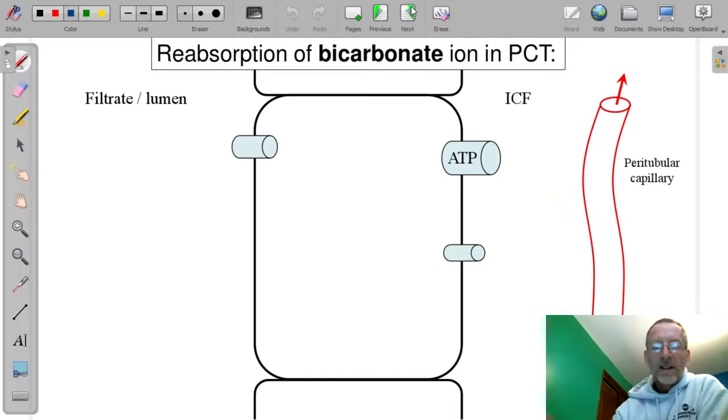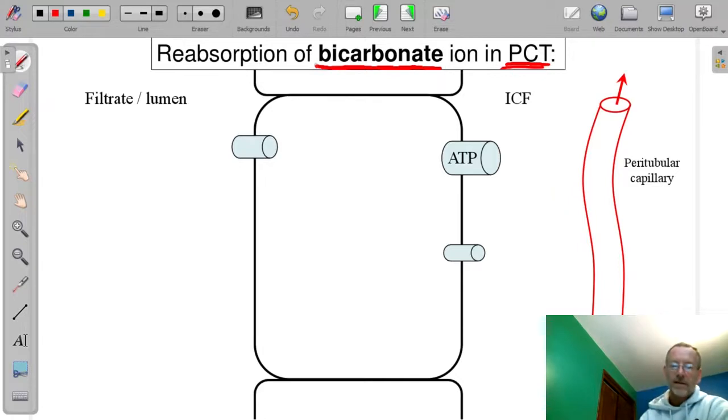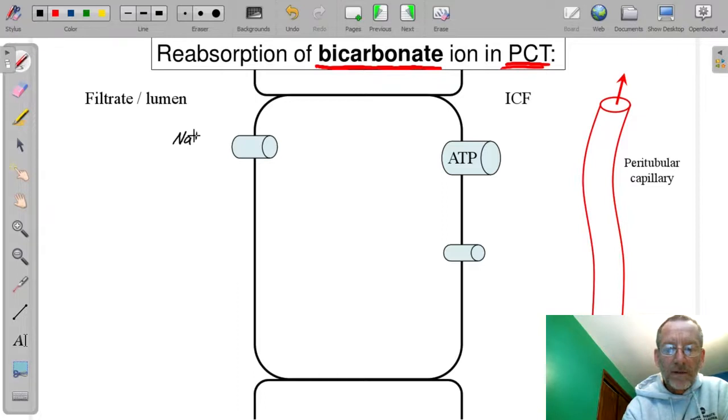Again, this is occurring in the PCT, and we're reabsorbing the bicarbonate, one of our principal blood buffers. So let's start with sodium. Sodium is key to much of this. So again, here is the sodium.